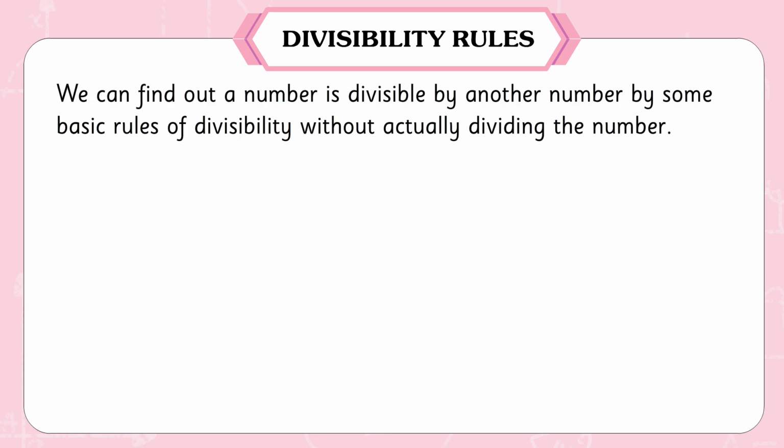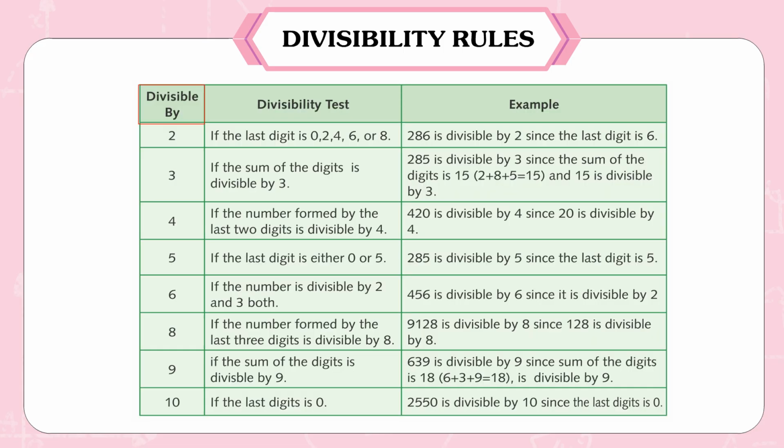Divisibility rules. We can find out whether a number is divisible by another number using some basic rules of divisibility without actually dividing the number. Divisible by, divisibility test. 2: If the last digit is 0, 2, 4, 6 or 8.